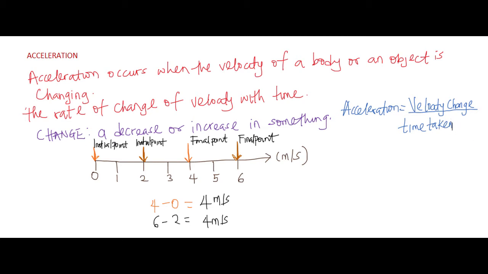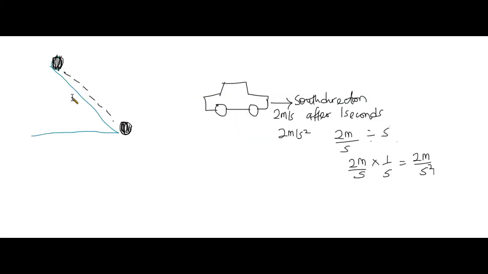So acceleration can be said to occur when an object increases its velocity. There must always be an increase in the velocity, like this ball that was rolling down this inclined plane and got to the bottom here.